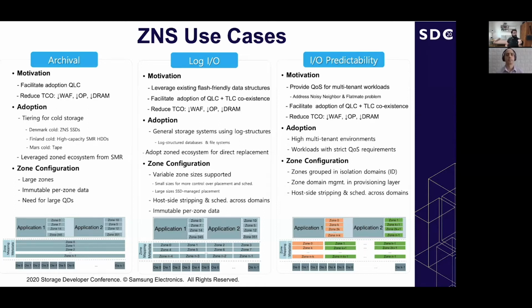This is essentially because on workloads that are not targeted for archival, the objects being mapped are not that big. So if you look, for example, at log structure merge trees, we have different levels. The first levels are not in the orders of gigabytes, like that would be a large zone on a QLC device.